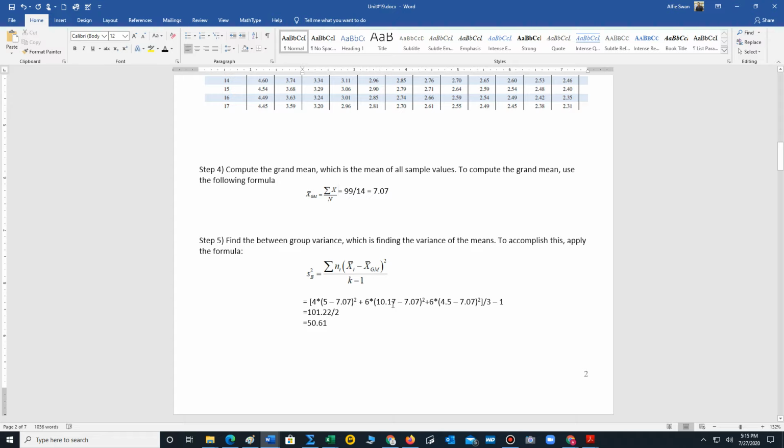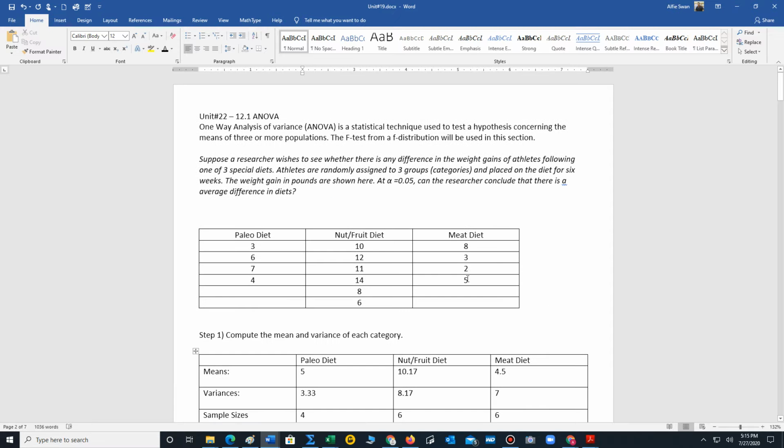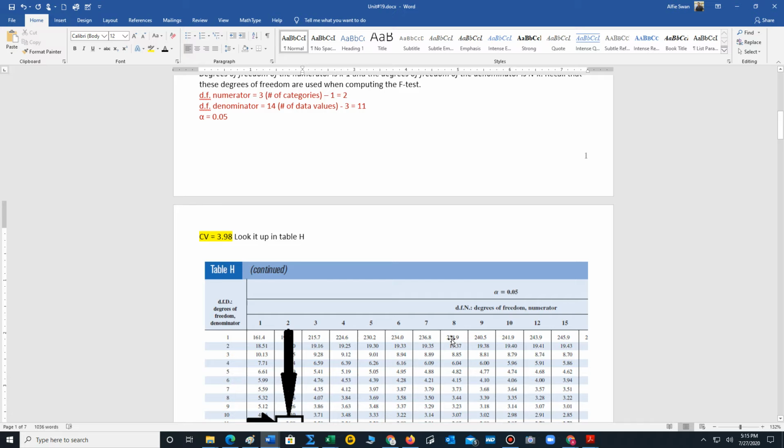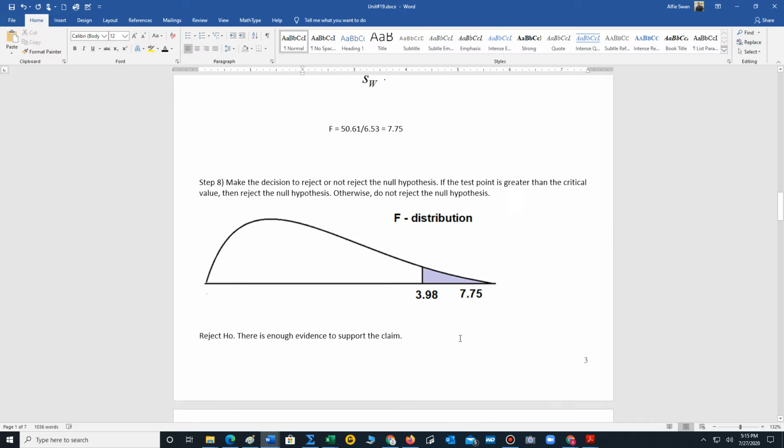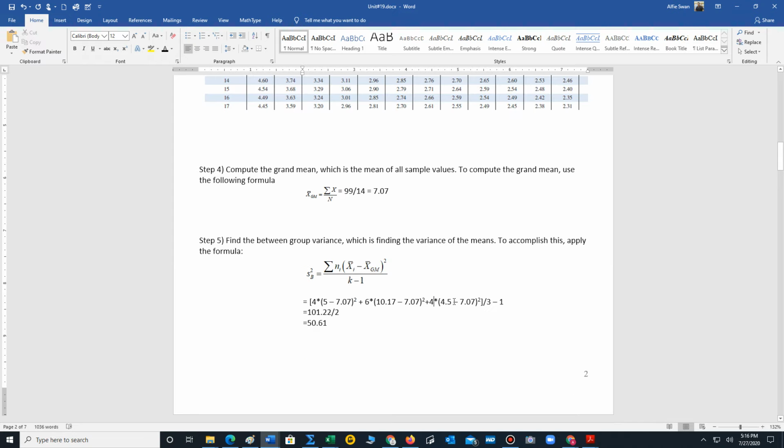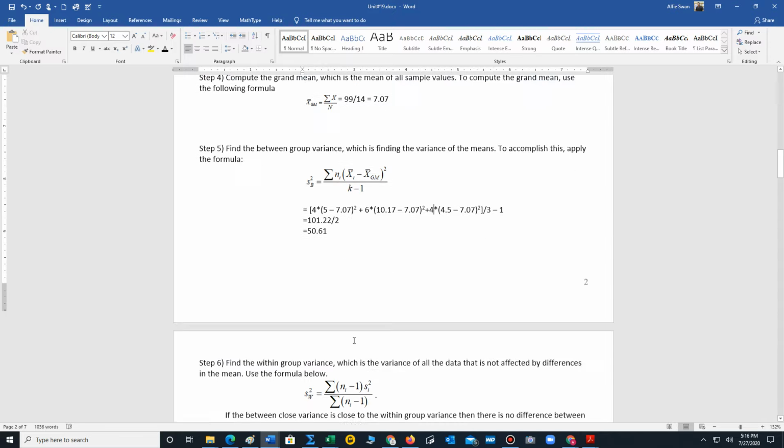N was 6, mean was 10.7 minus 7.07 squared. And finally, with the third data set, the sample size should be 4. There's 4 data values, times the mean, 4.5, and so on. As we do our calculations, it's 101.22 divided by 2, which gives us 50.61. So that's our between group variance.